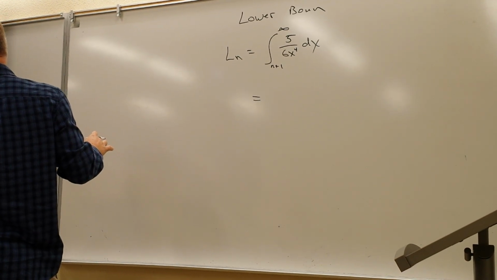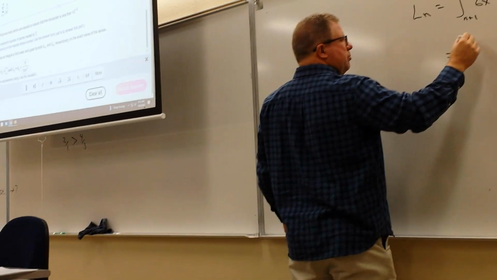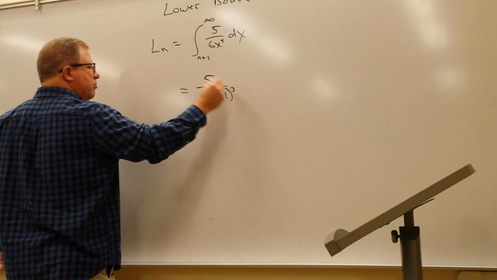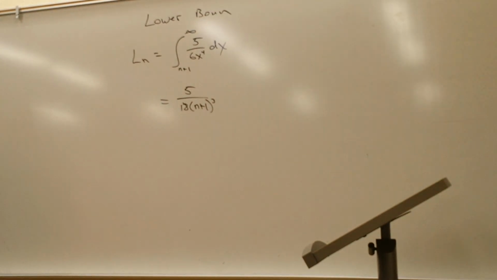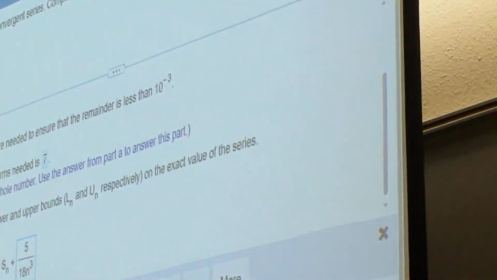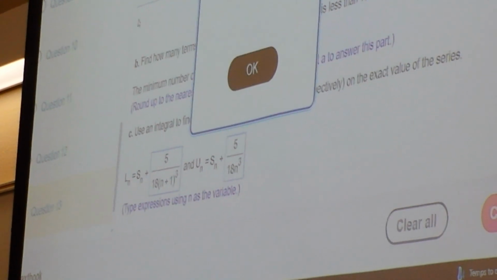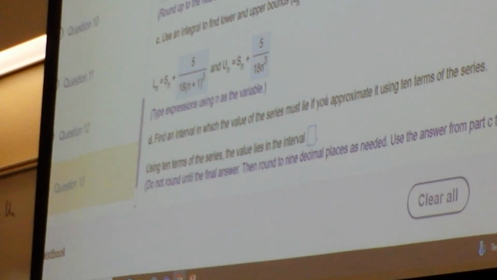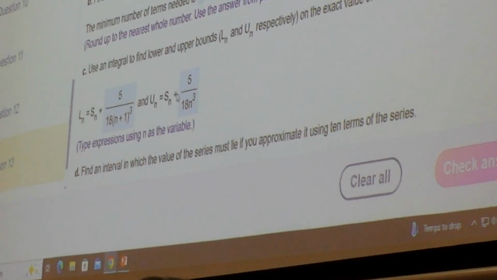The final answer, instead of 5 over 18n cubed, would be 5 over 18 times n plus 1 cubed. You can go through all the steps, but that's how it will work out. Trying to save us some time. Any questions about these?